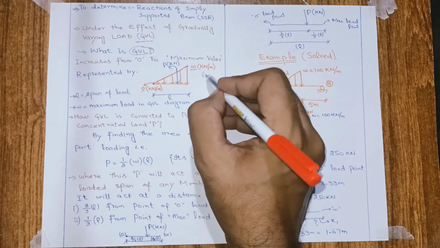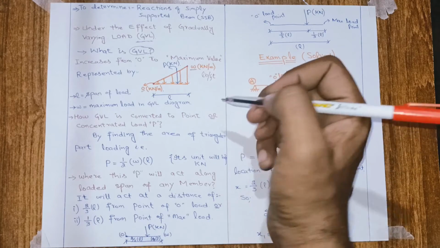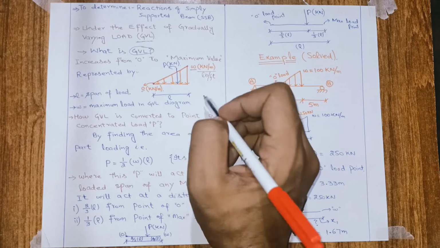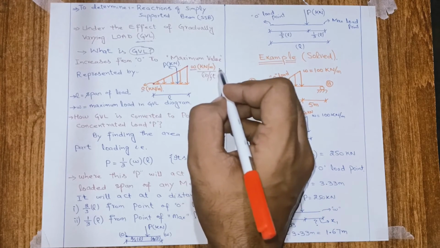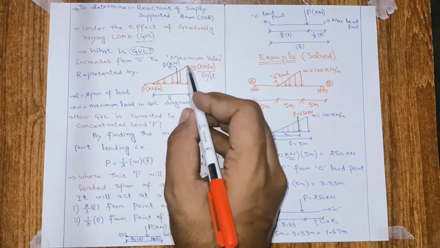This may also be in units of pounds per foot. Here I am going to discuss kilonewton per meter, SI units. This load is actually the gradually varying load.